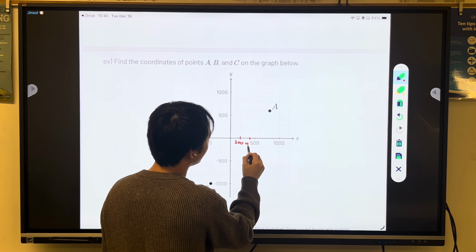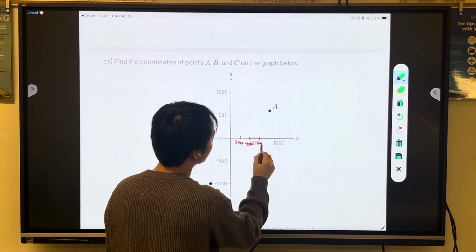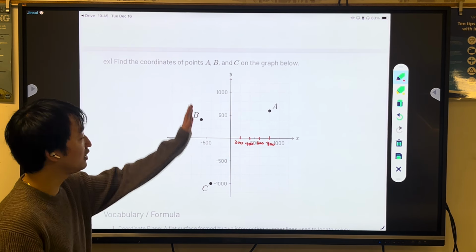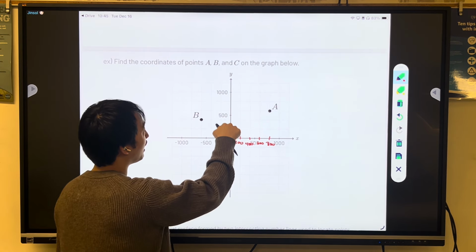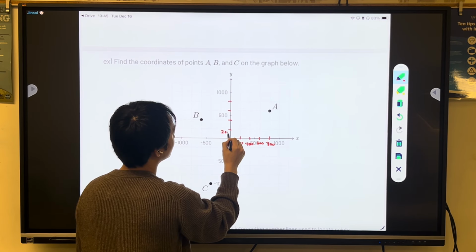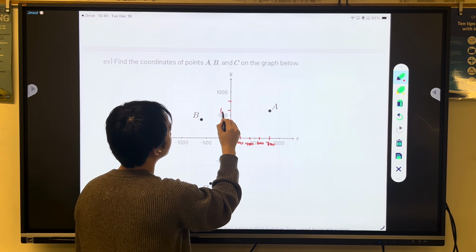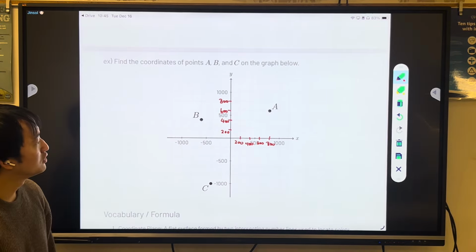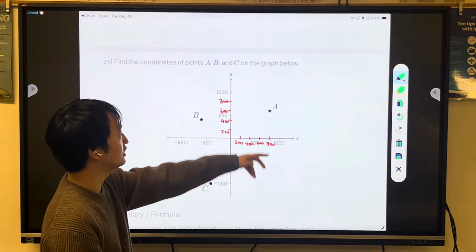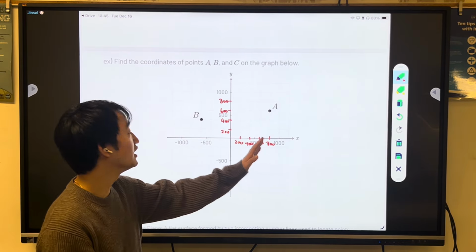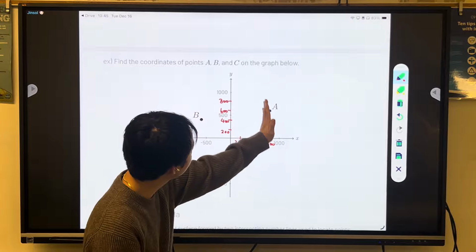So that's 200, 400, 600, and 800. And that's the same for the y-axis as well. 5 steps to 1,000, so each tick must be the 200, 400, 600, and 800. So finding the coordinate of A is quite easy now. The x-coordinate, which is the left and right, seems to be at 800.